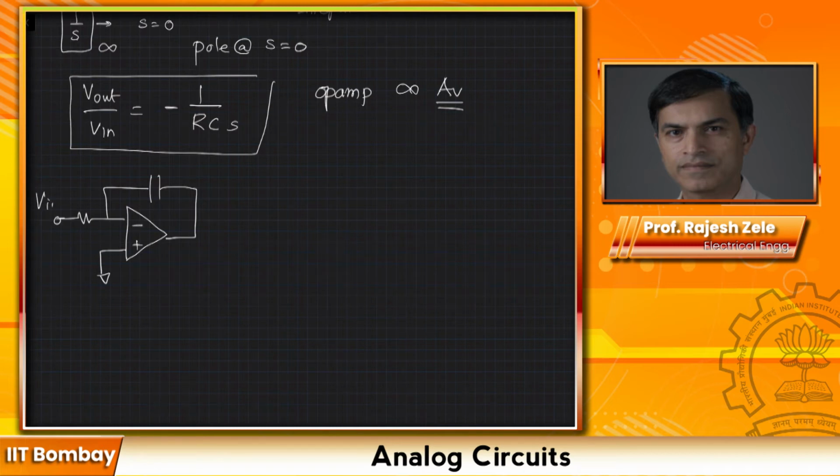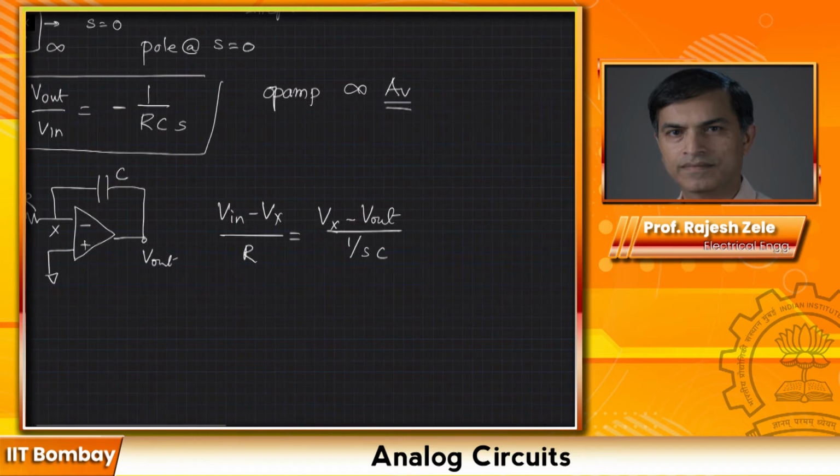Okay, so this is our V in, let's call this node X, and this is our V out. And this is a capacitor C, this is resistor R. So (V in minus Vx) divided by R is equal to (Vx minus V out) divided by 1 over SC. That's our expression, right?